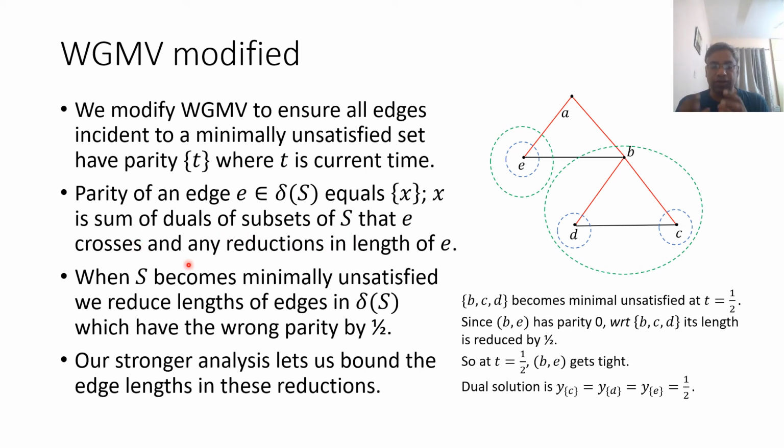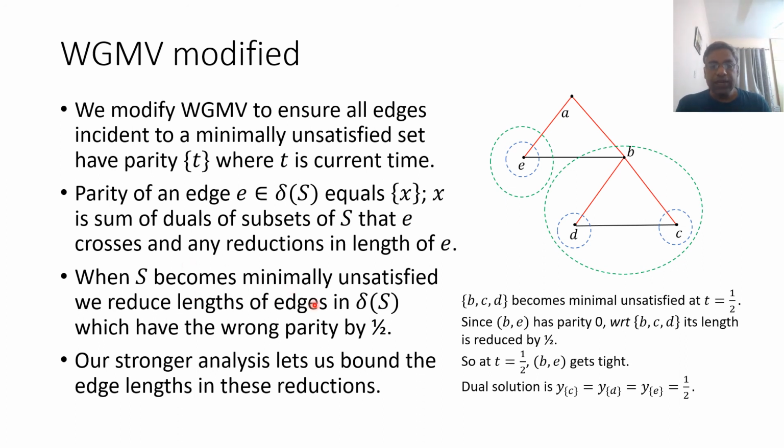So, if I look at a set S and I look at an edge e that crosses that set, let me look at all sets inside S that e crosses, and sum up all of those duals and any other reductions of the length of e that I might have done. Let me sum up all of those things and take the parity. That's the parity of the edge.